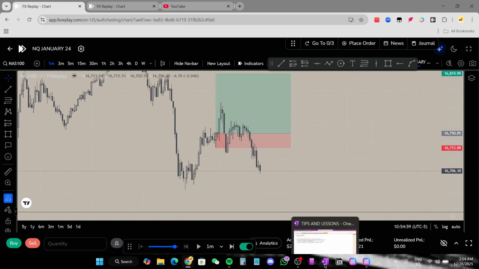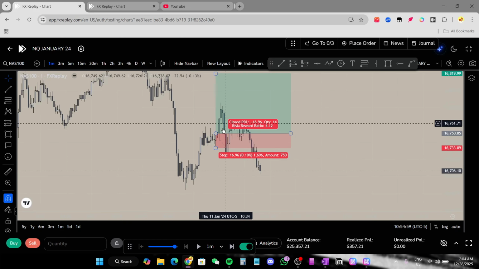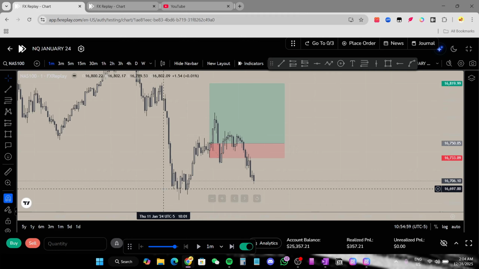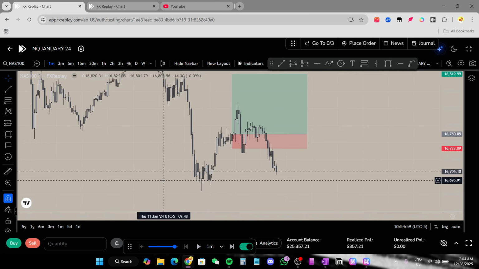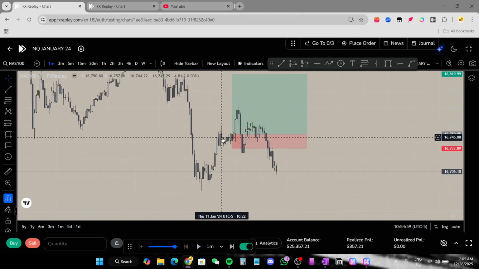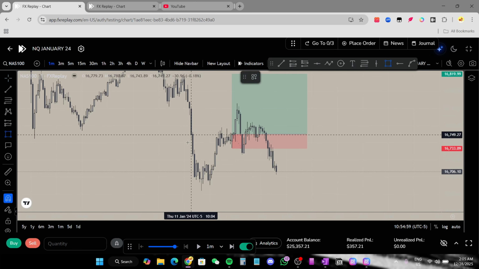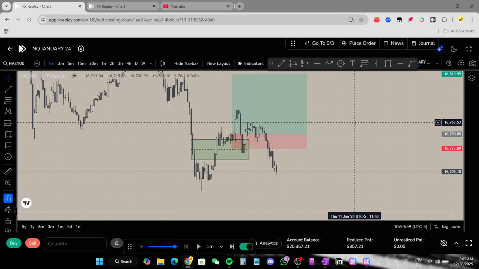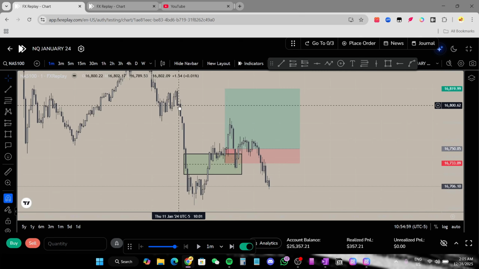This is another mistake. Let me show you. So I was too zoomed in here. I was like, oh, we had, I think it was a short-term low SMT with an hourly swing. Yeah, it was an hourly swing SMT. Price pushes higher. We inverse this fair value gap. We inverse this fair value gap, as you guys can see. So basically, we have all of this inverse fair value gap. So far we don't have our change in the state of delivery, right?